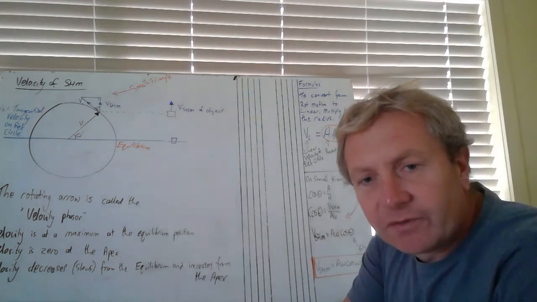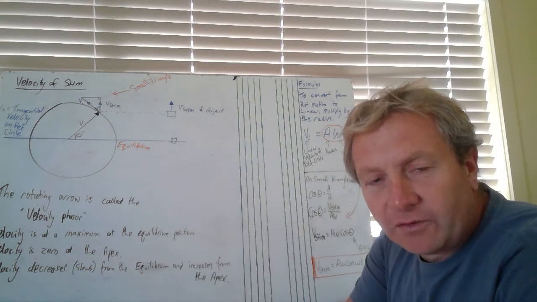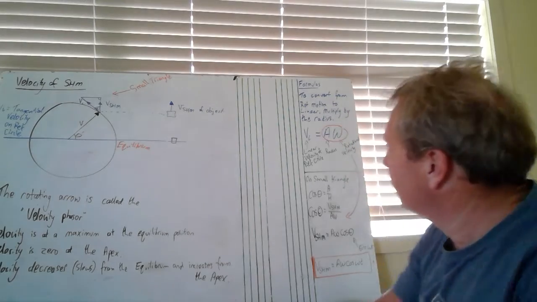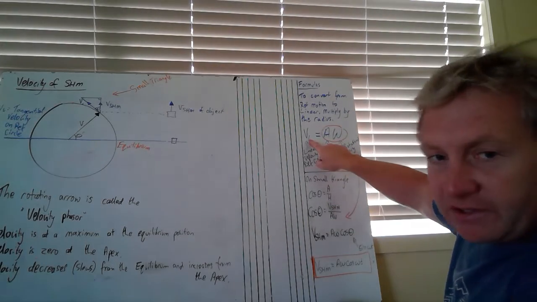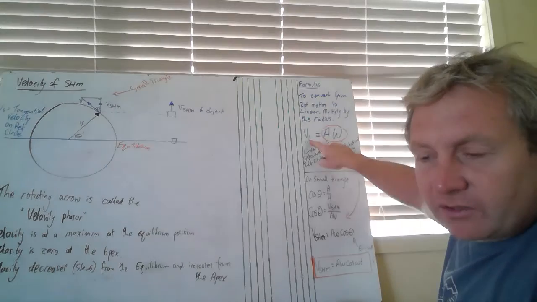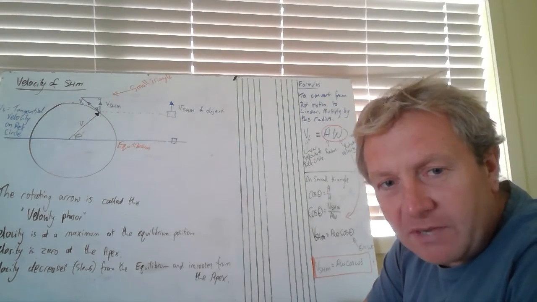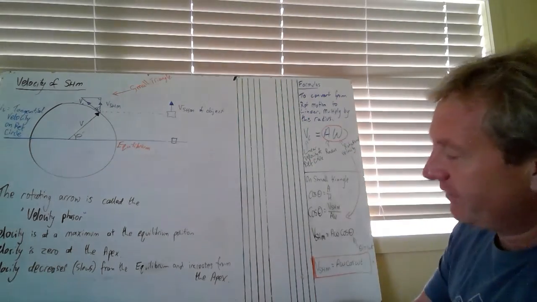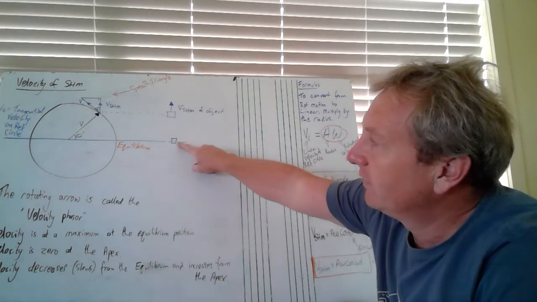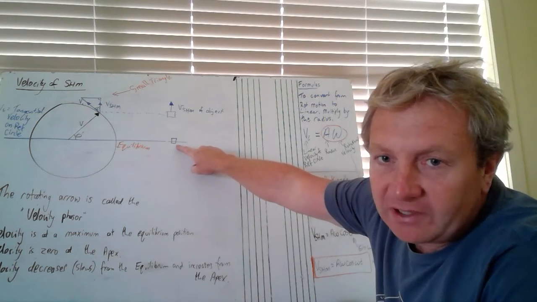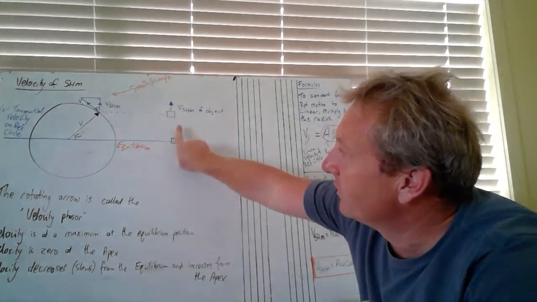It is really useful to know where the formulas come from. It is also useful to know that this linear velocity of the reference circle represents the maximum velocity. So if the object was here, the linear velocity will be straight upwards, won't it?